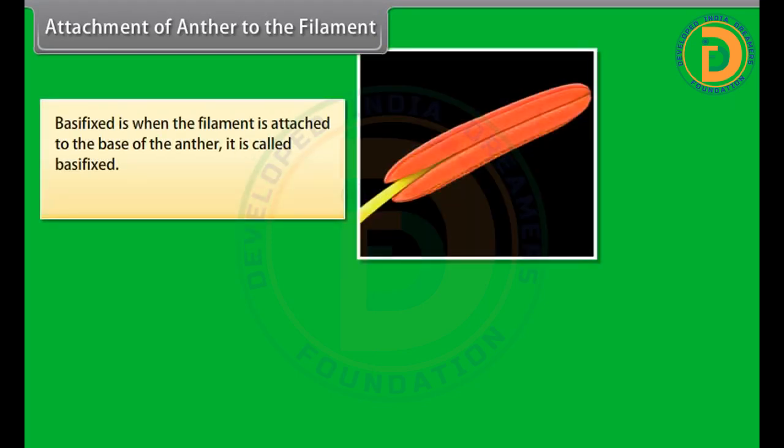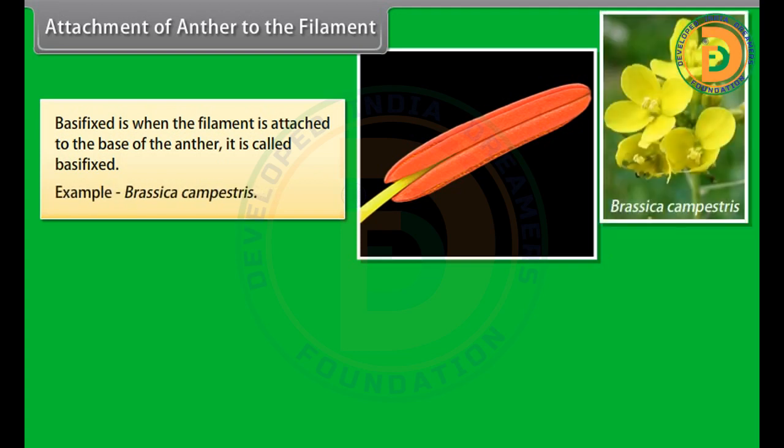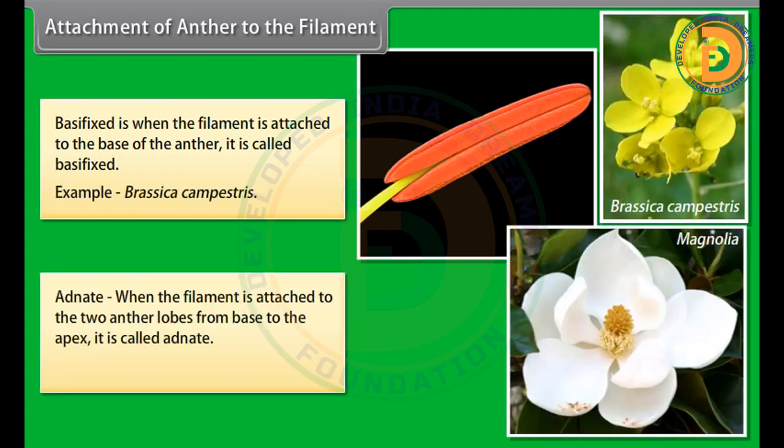Basifixed is when the filament is attached to the base of the anther. Example, Brassica campestris. Adnate is when the filament is attached to the two anther lobes from base to apex. Example, Magnolia.